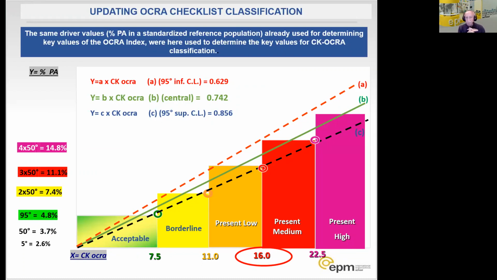and to do that we used the model that was used for classifying the key values of the OCRA index. This is a paper of 2007. Substantially the same model, but using the new equation relating to the OCRA checklist score.